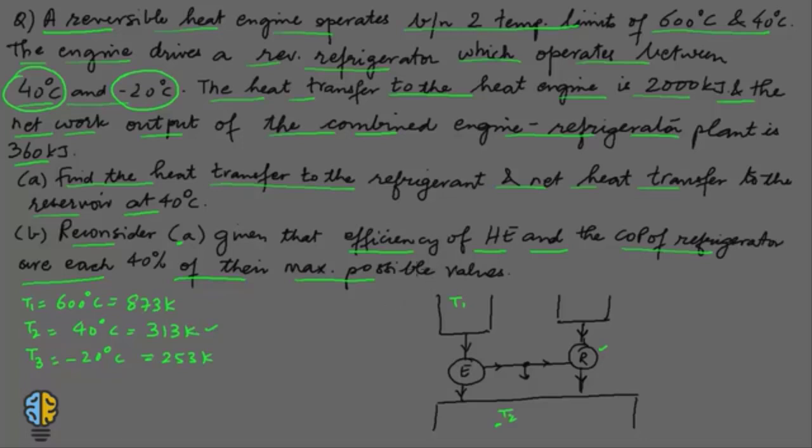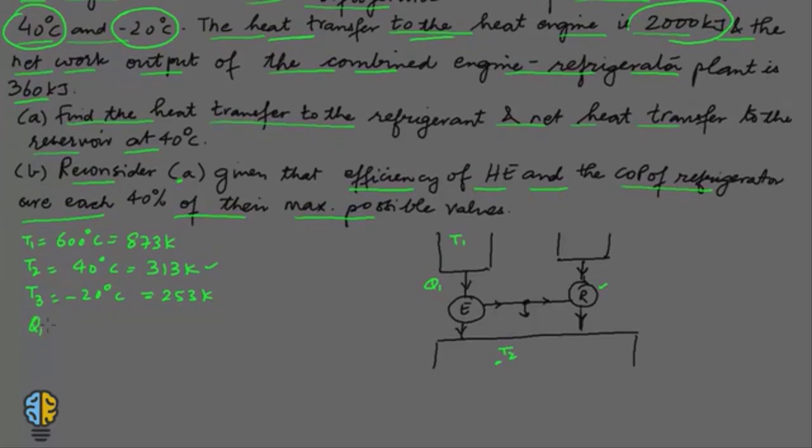And the heat transfer to the engine is 2000 kilojoules. So this is Q1. So Q1 is 2000 kilojoules. Alright, and the net work output of the combined engine refrigerator plant is 360 kilojoules.